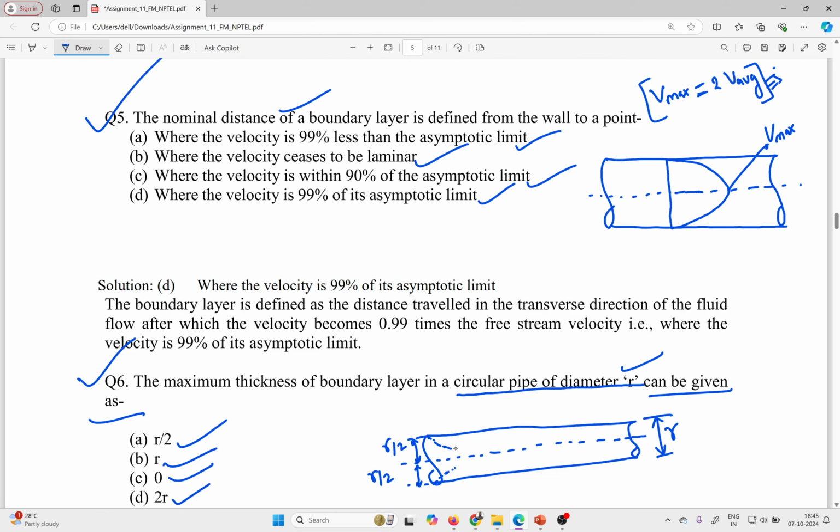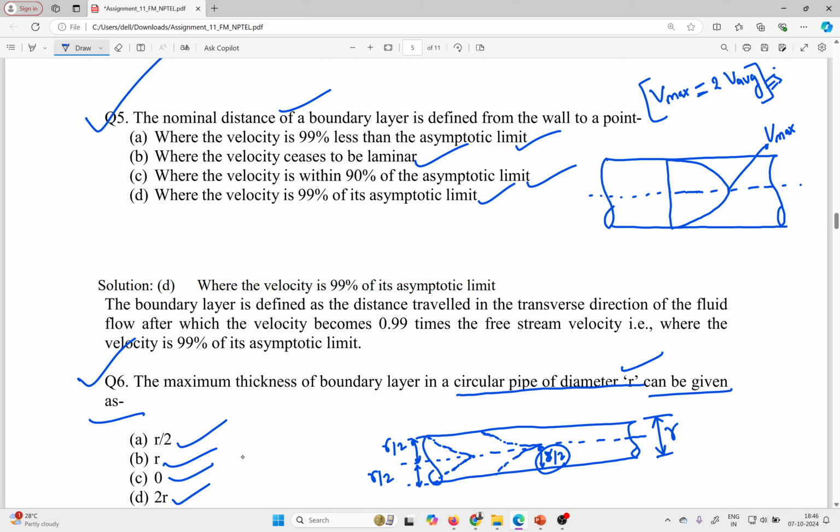From every side your boundary layer will come, and it goes up to that maximum extent. After that it will meet from here. The boundary layers form at the same time, so it will go up to only that much distance, that is your R by 2.